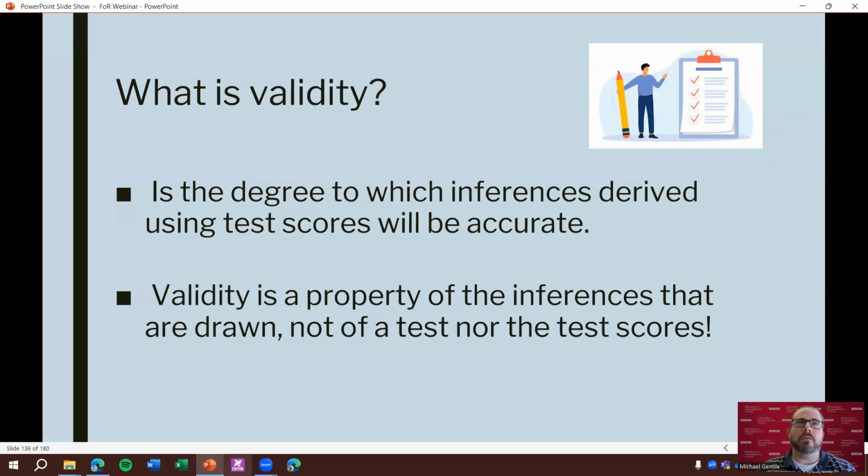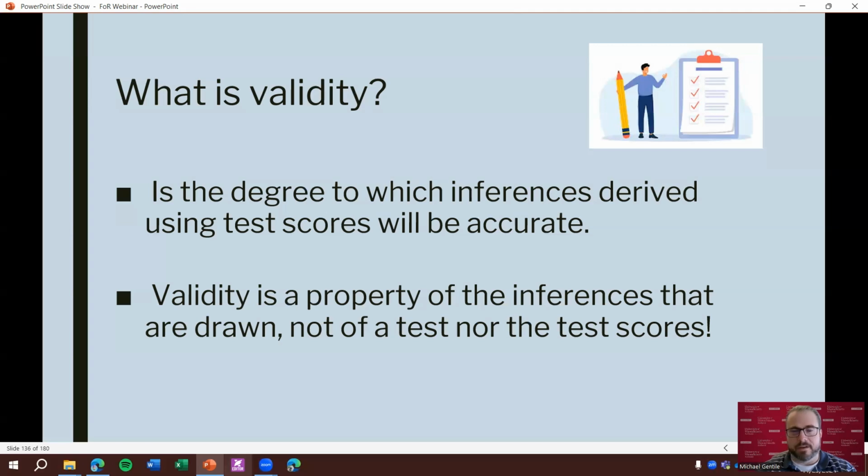I wouldn't want my reading comprehension score to be wildly different than another test of reading comprehension score. Some of my validity for my assessment is derived from the fact that it matches up with other tests of reading comprehension, right?